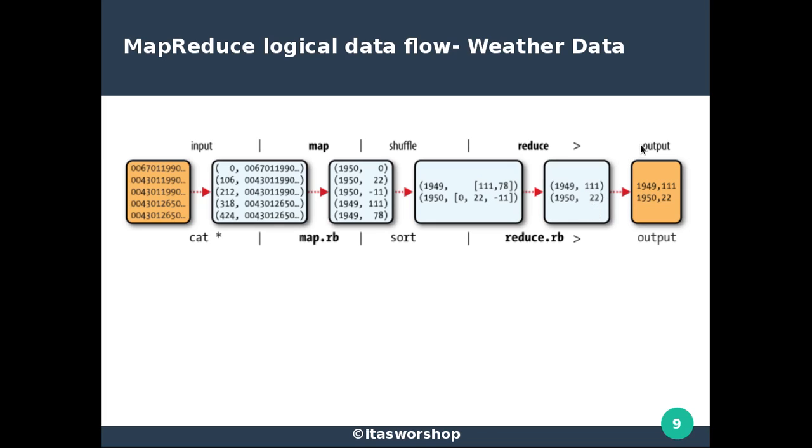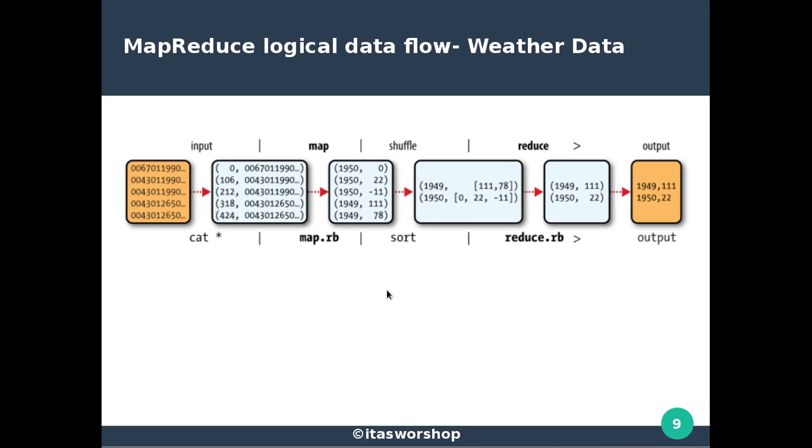And now in output you may ask according to a particular century, or for a particular year on a day-wise basis. So this will be your final output: for 1949 we got 111 as the highest temperature reached, and for 1950 we got 22 as the highest temperature reached.